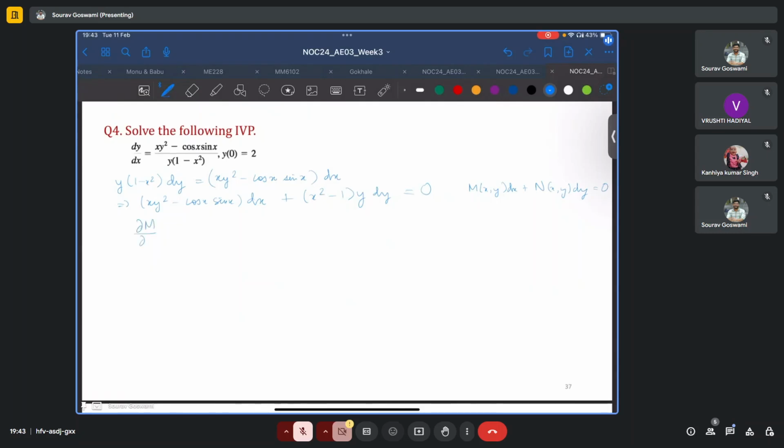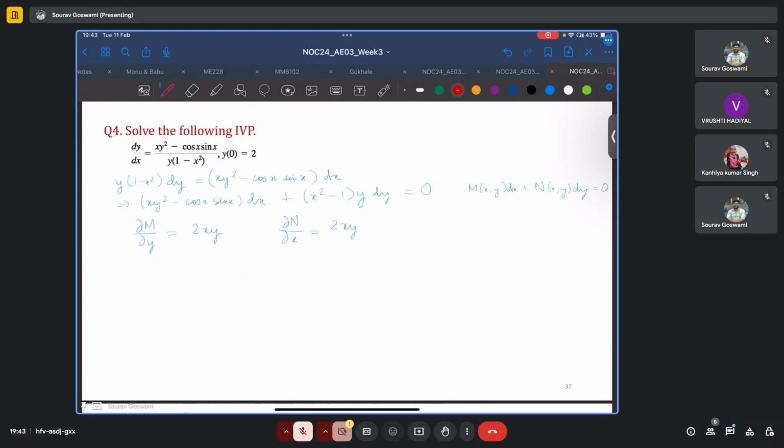So ∂M/∂y, where M is xy square minus cosine x sin x, is equal to 2xy, and ∂N/∂x is equal to 2xy.